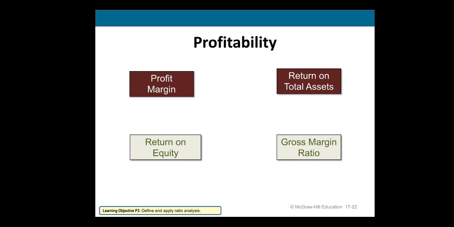Okay, this is the third category of ratios. It is called profitability ratios. In general, these ratios measure how good the business is at making profit. There are four ratios here under the profitability ratios. There are many more actually, but these four are sufficient for this course, because in this course you are learning how to prepare financial statements for a sole proprietorship service business only.